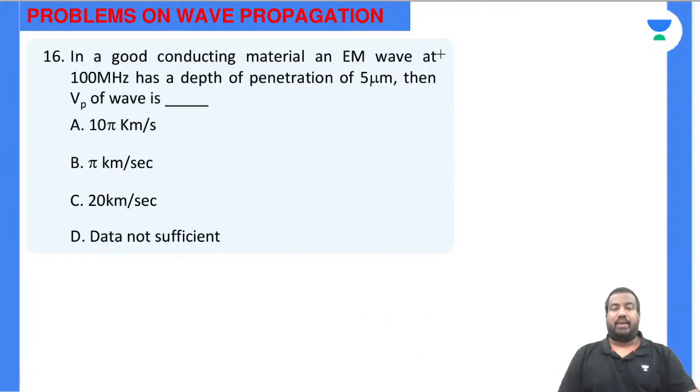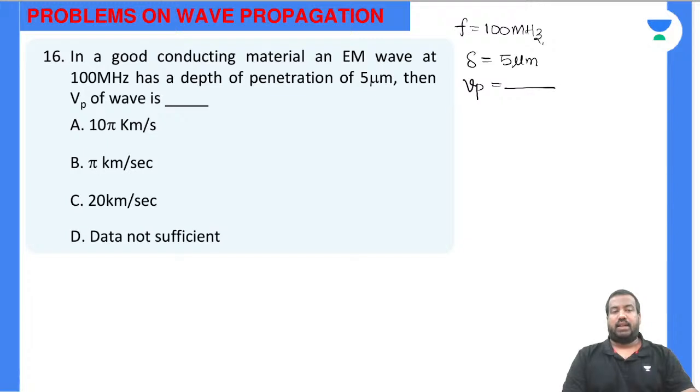In a good conducting material, an EM wave at frequency 100 megahertz has a depth of penetration of 5 micrometer.